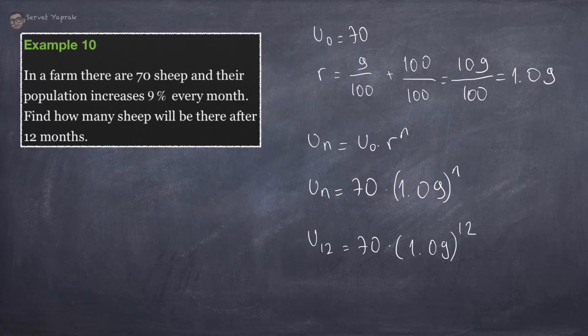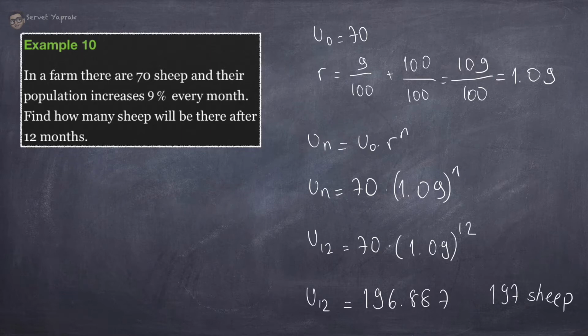It is very similar to our interest questions. So the result will be u_12 equals 196.887 sheep. Because there cannot be a decimal number of sheep, we need to round this number. So we can say that there will be 197 sheep on average in this farm.